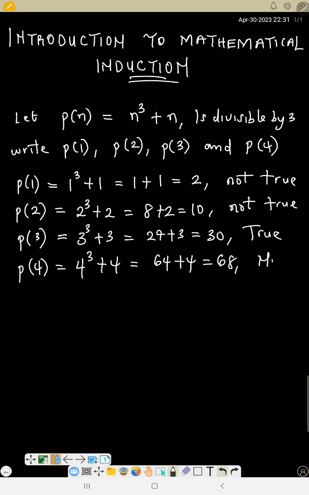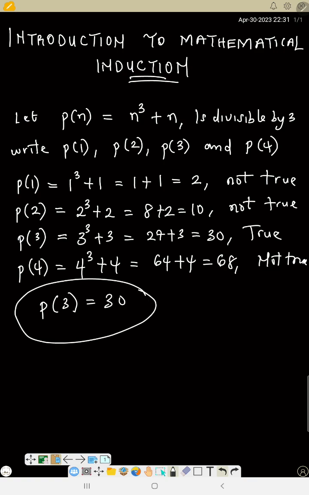So not true, because it's not divisible by 3. So from the results, it shows that only P(3), that is 30, is divisible by 3. So the others, P(1), P(2) and P(4), are not divisible by 3. Hence P(3) is true.